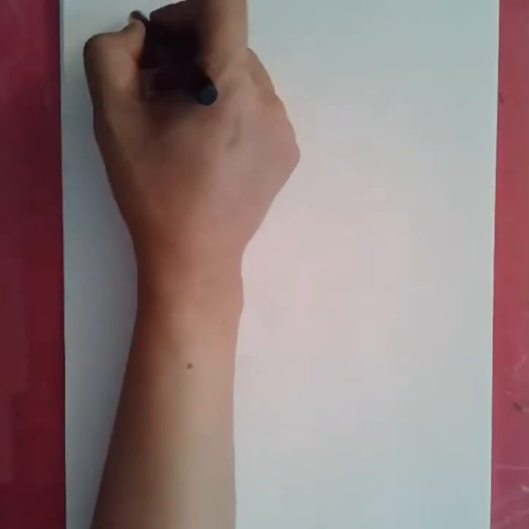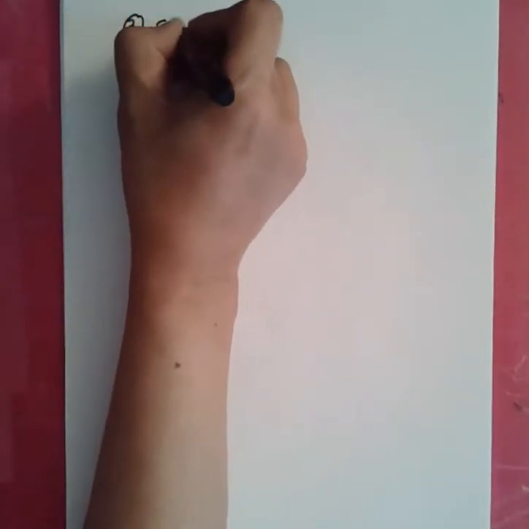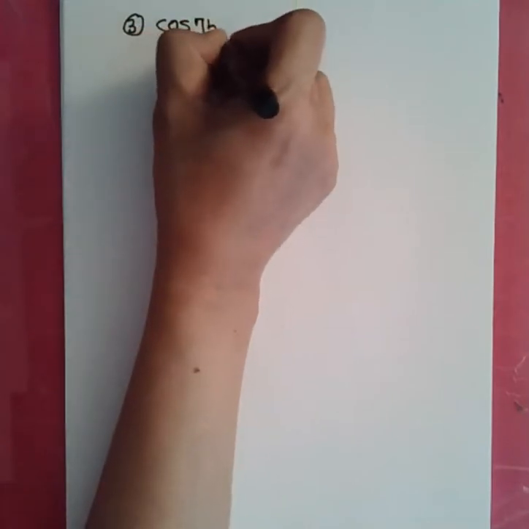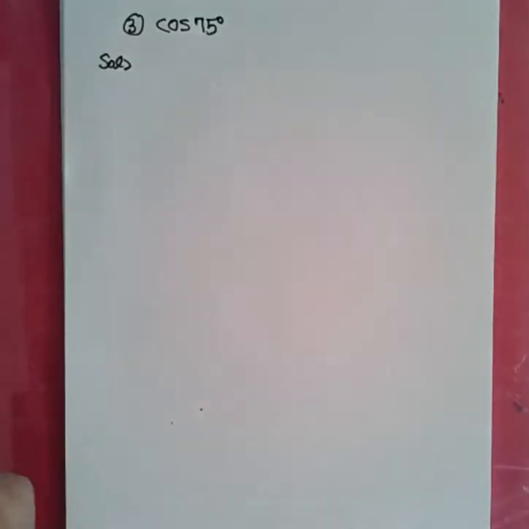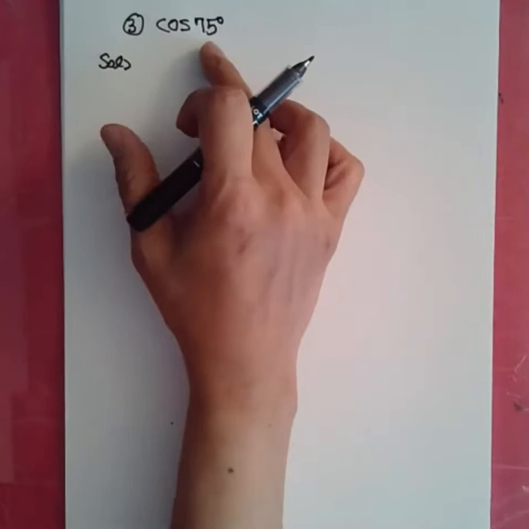The next problem is cosine of 75 degree. If you think about the sum formula, then we combined two well-known angles to produce 75 degree.